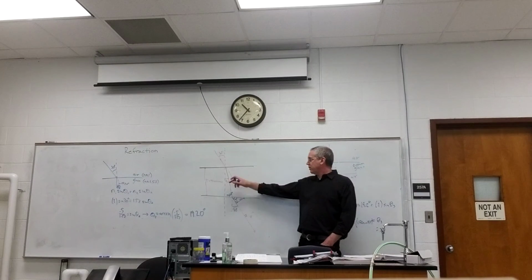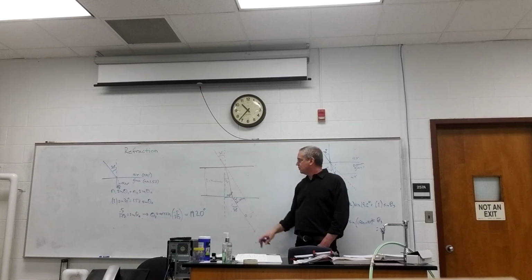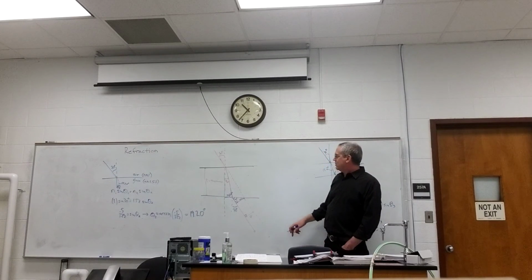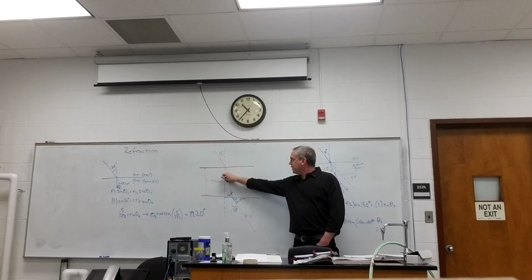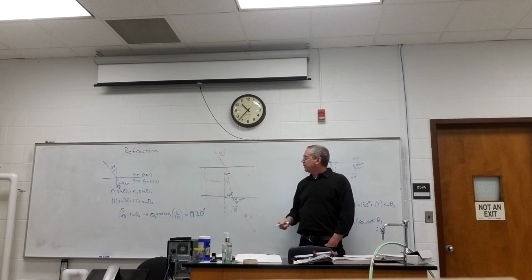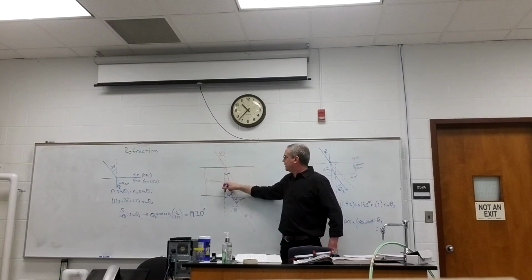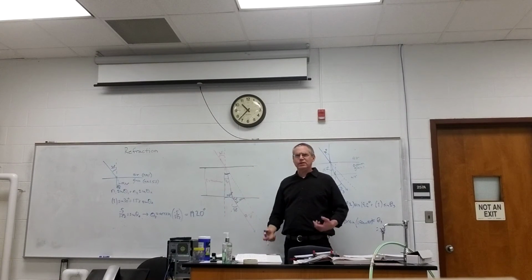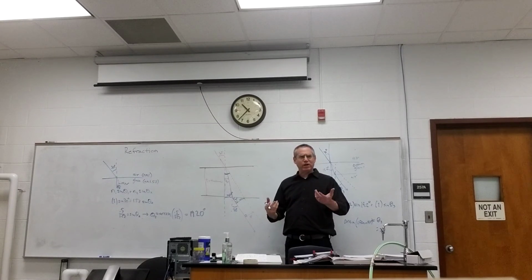Because looking at this right triangle here, I know that this angle here has to be 30 degrees because I've got two lines that cross. I'm blanking on the geometry vocabulary.